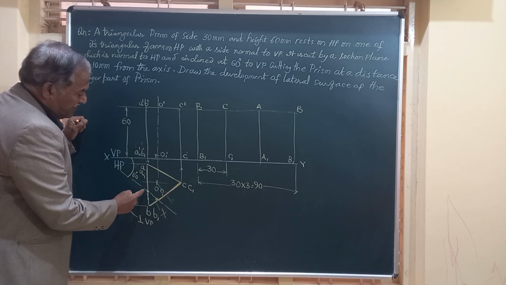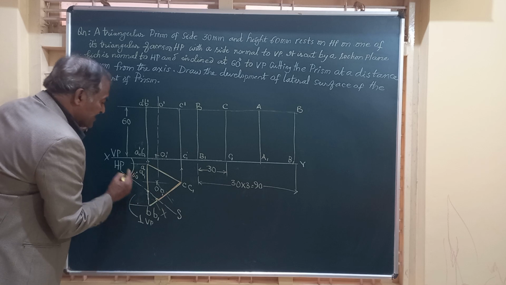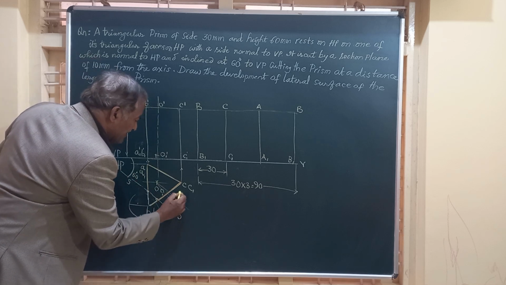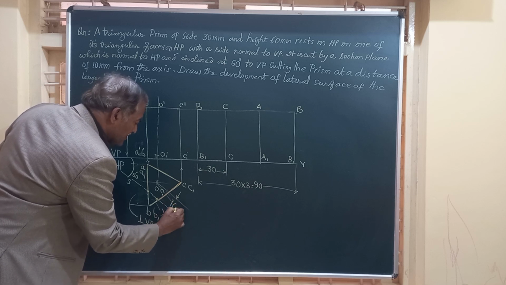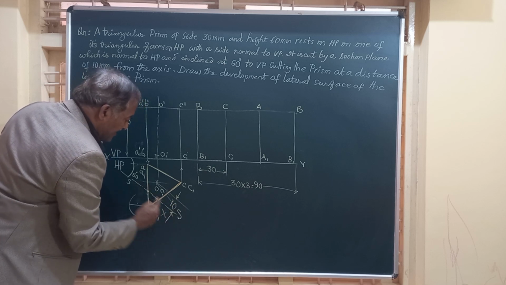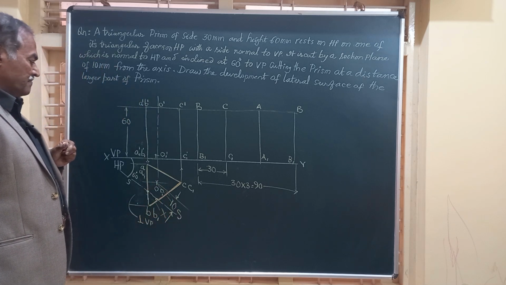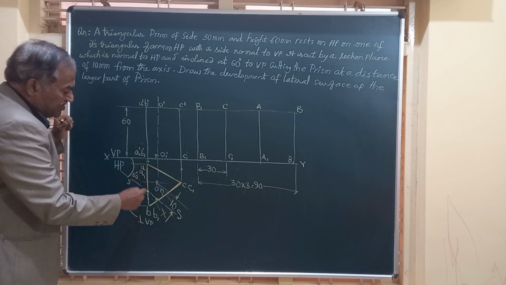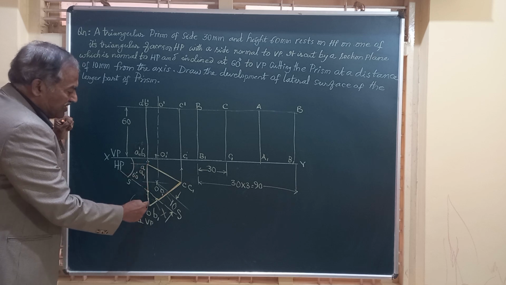That is, where the section plane SS, which is inclined at 60 degree and passing at a distance of 10 millimeter from the axis. This is 10 mm. That is parallel to this, you should take 10 millimeter from the axis and mark that. And let's see friends, it is cutting the edge AB at the top, A1 at the bottom.